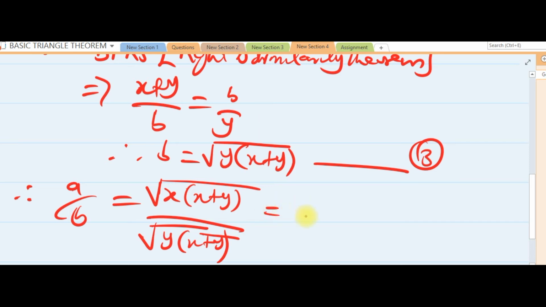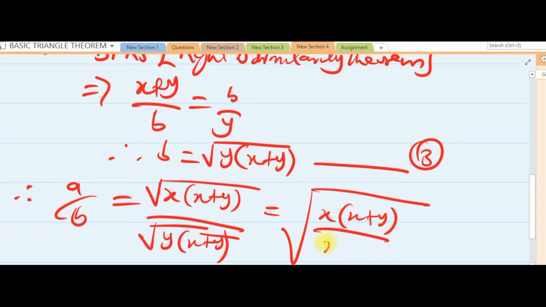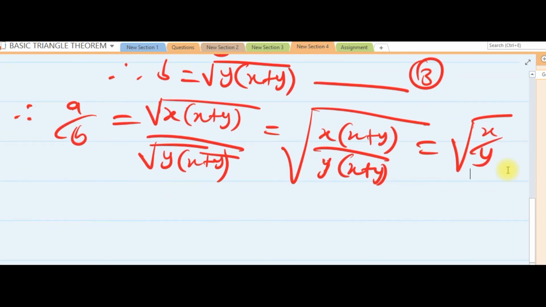So you notice that we bring the two together in the same square root. So what do you notice? This one cancels, so we have square root x over y. Therefore, a squared over b squared will be equal to x over y.